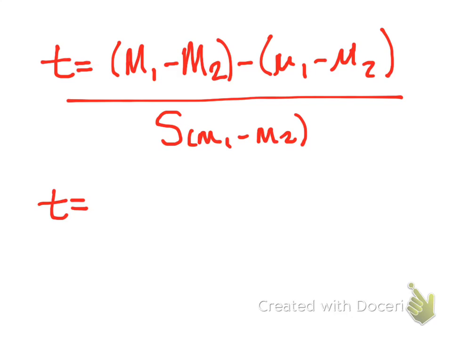Now we can actually write the bottom first because we know that our estimated standard error is 5. Okay, so let's look at this numerator. The numerator is asking me for the difference between the two sample means minus the difference between the two population means. But the null hypothesis states that there is no difference between the two population means.